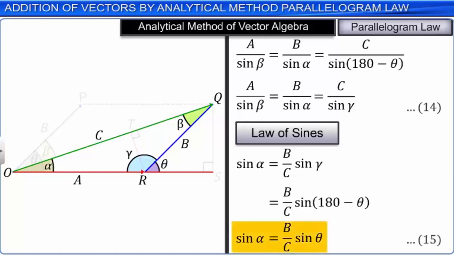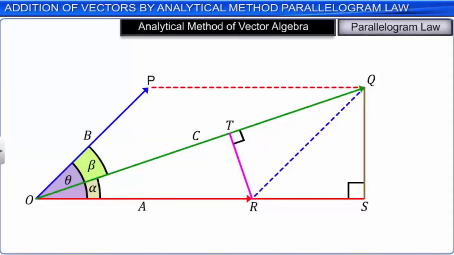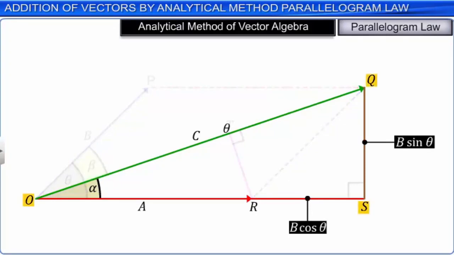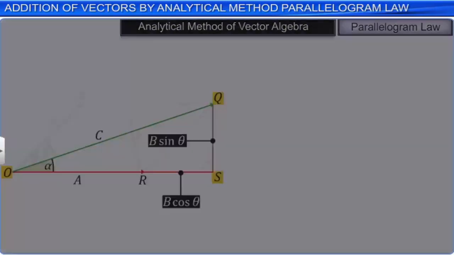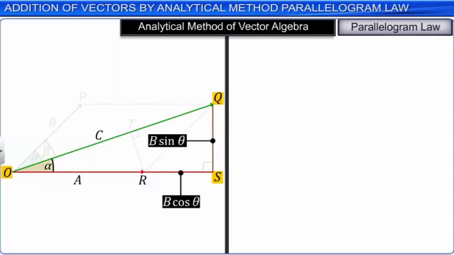From triangle OQS, we can write tan alpha is equal to QS by OS is equal to QS by OR plus RS. Tan alpha is equal to B sin theta by A plus B cos theta. Let this be equation 16. From this equation, we can find the direction of the resultant vector C.